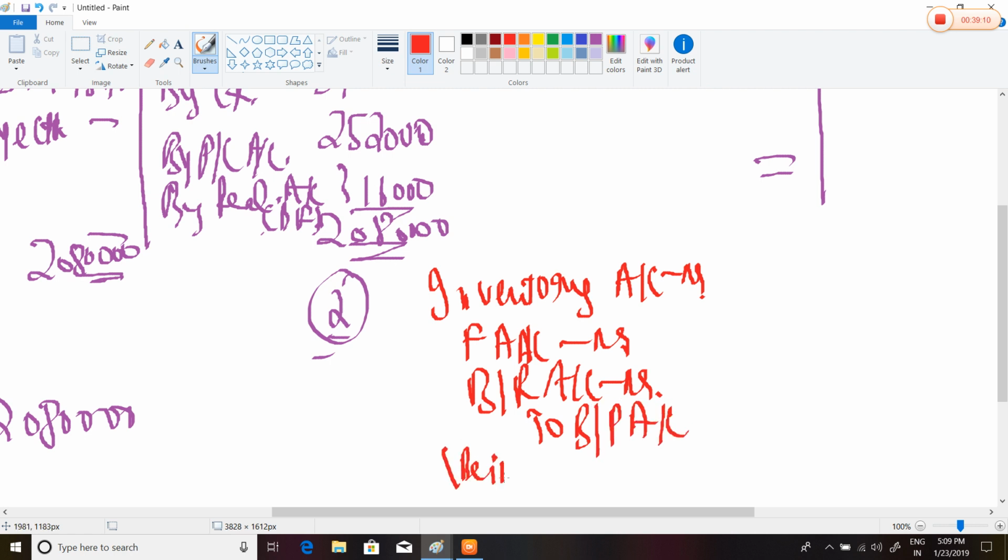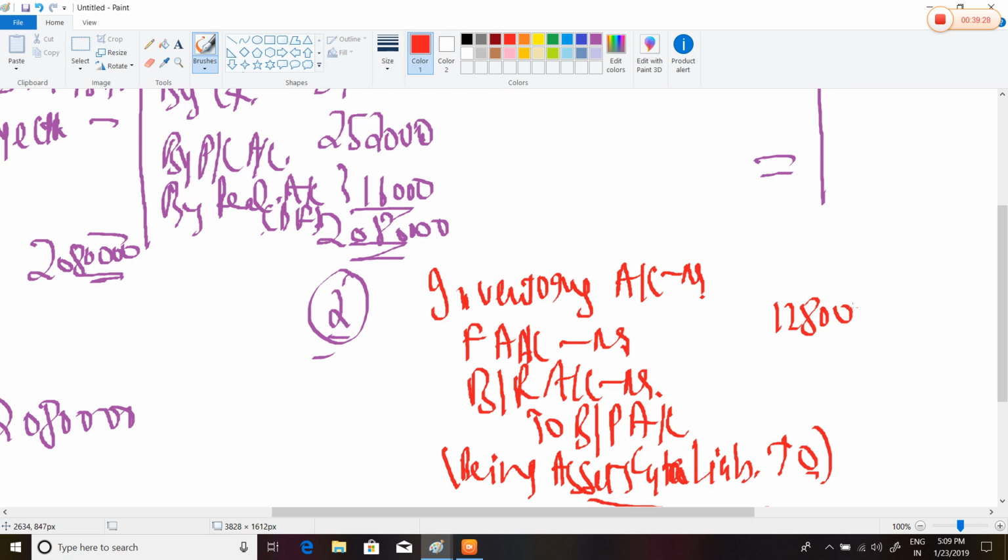Being assets and liabilities taken over. The fixed assets are 12,80,000, inventory 7,70,000 and 30,000. 20,80,000 is the business purchase.